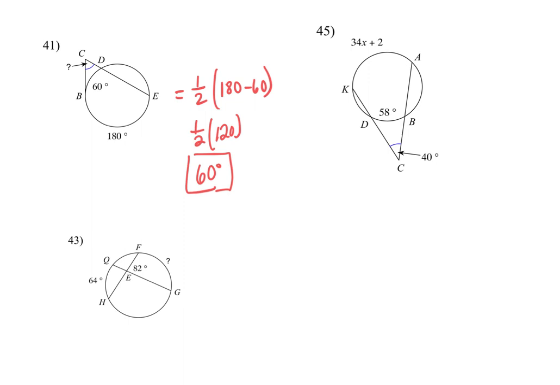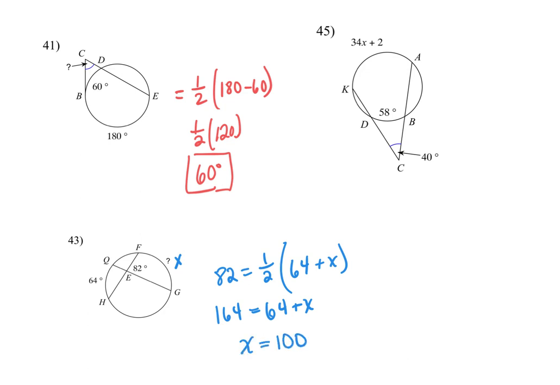So this next one is a little bit different. They've intersected on the inside. And so I'm looking for this arc in particular. That 82, that angle should equal half of the sum of those, 64 plus x, all right? And so I'm going to multiply both sides by that 2, and then I'm going to subtract the 64.